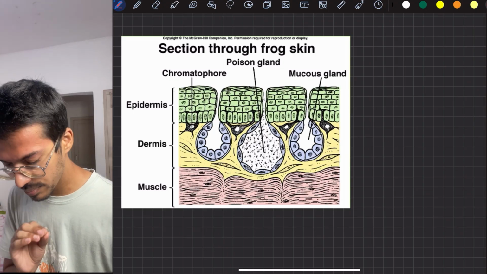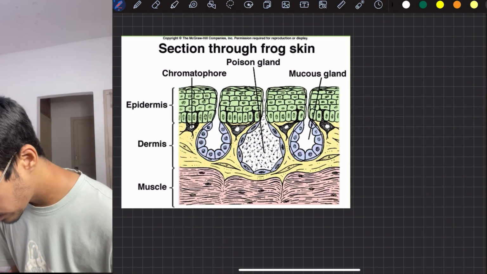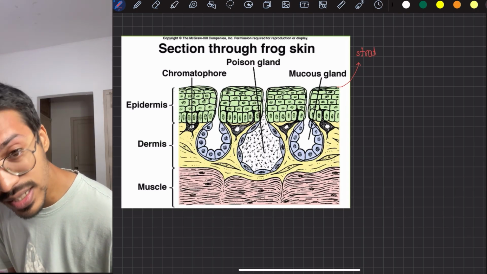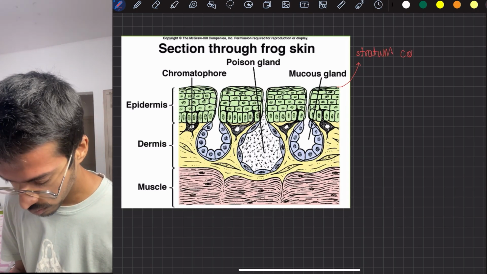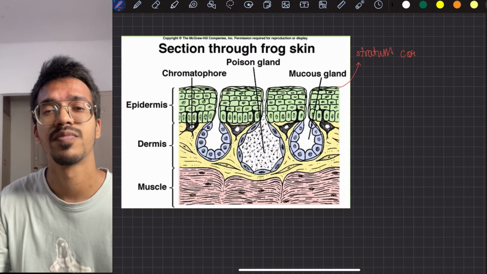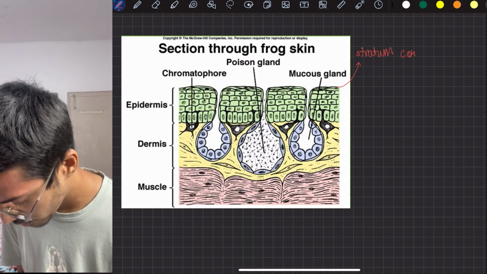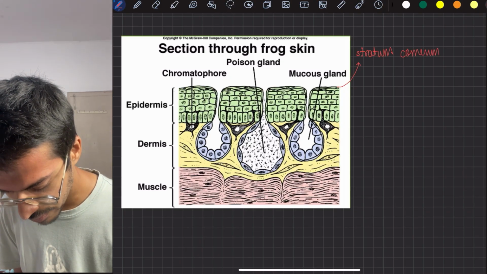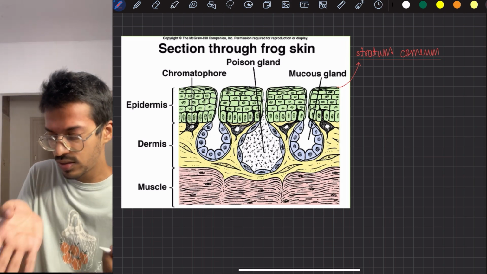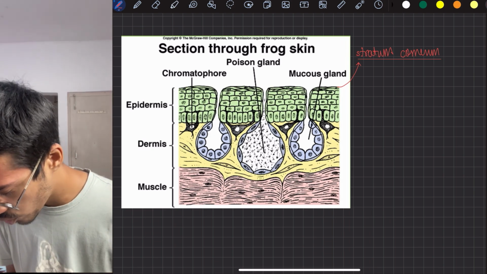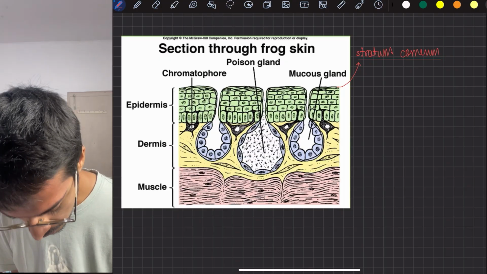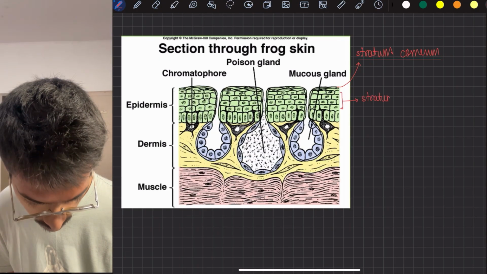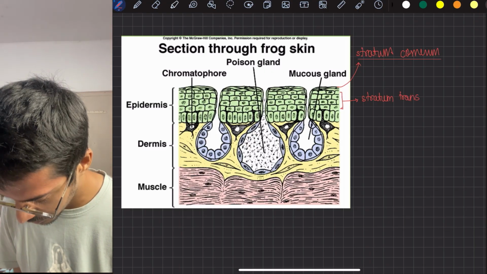This epidermis, the outermost layer, is called stratum corneum. After this, the next one, the internal layer, is called stratum transitional.